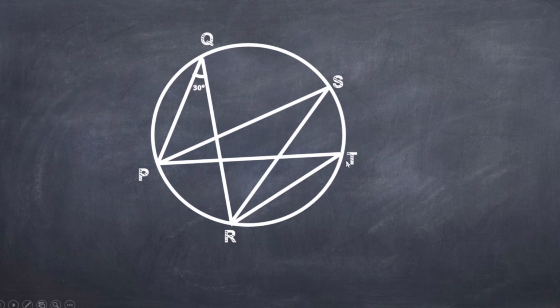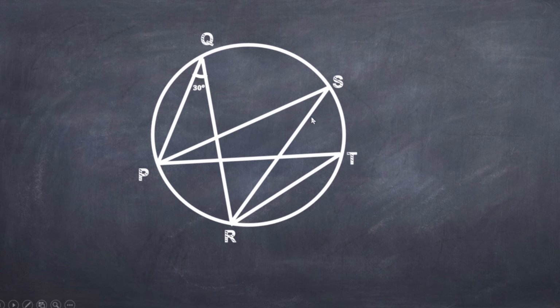So now we're going to verify whether angle PSR and angle PTR are equal to angle PQR, since those three are from the same arc. In order to verify this, I have to measure the angles here and here.